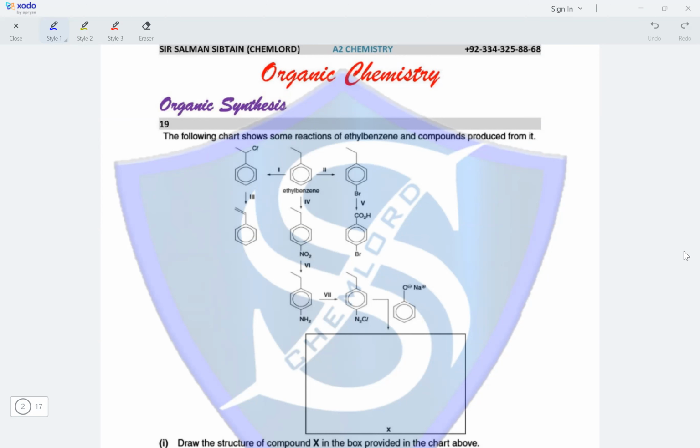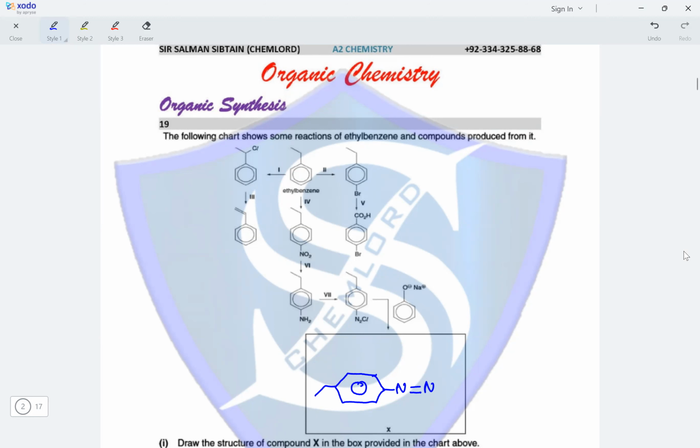And the question asks, draw the structure of compound X in the box provided in the chart above. So this is basically an azo dye in which we have the benzene ring that contains the CH2CH3 group with the diazonium chloride. So N triple bond N becomes N double bond N. Cl goes away.